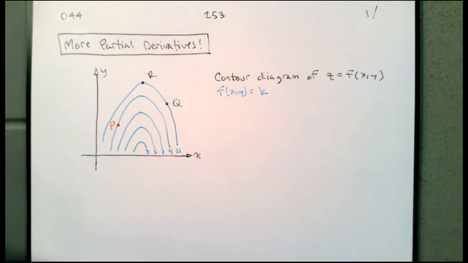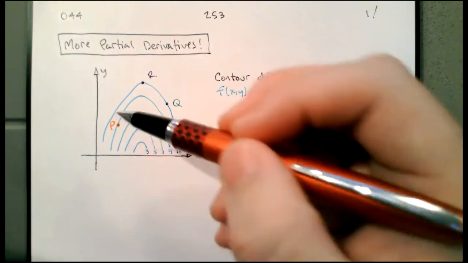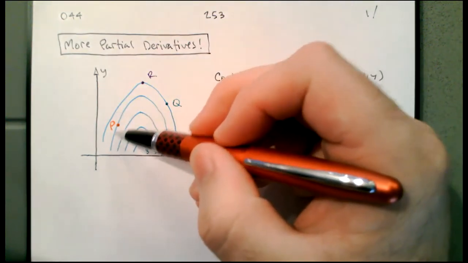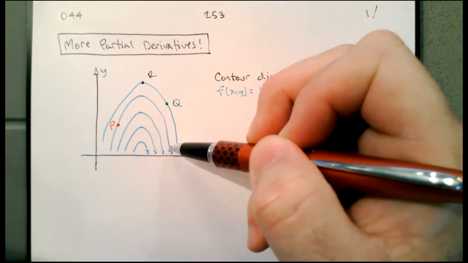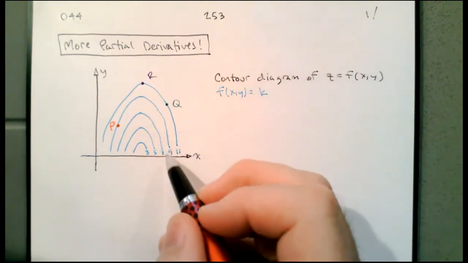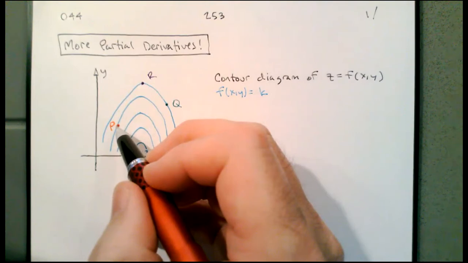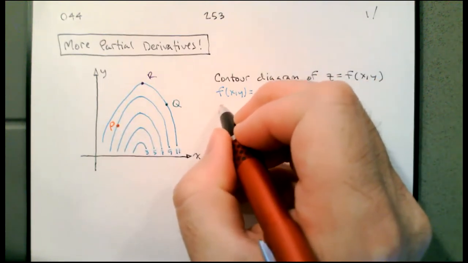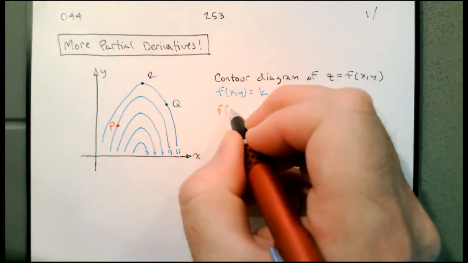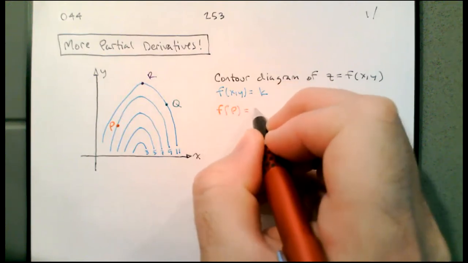So if we want to evaluate this function at these points P, Q, and R, we just have to look at what contour each point is on. So here's the point P. If we trace this contour where we see the value, it looks like f of P is equal to 9, because that's the contour on which P is sitting.